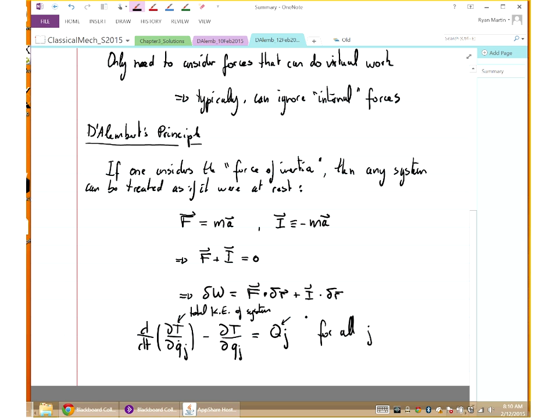Capital Qj is the generalized force in the j direction. And then qj is lowercase qj, a generalized coordinate. And so these are all scalar quantities, right? Qj ultimately becomes a scalar. Kinetic energy is easy to calculate. And so that's D'Alembert's principle.